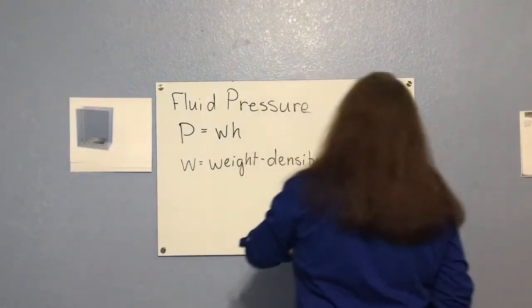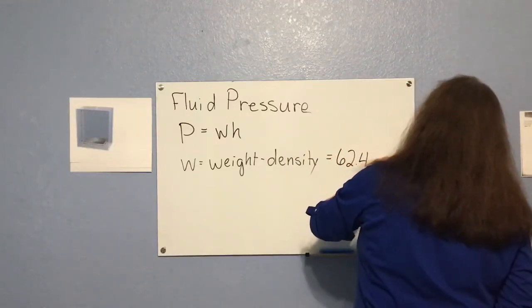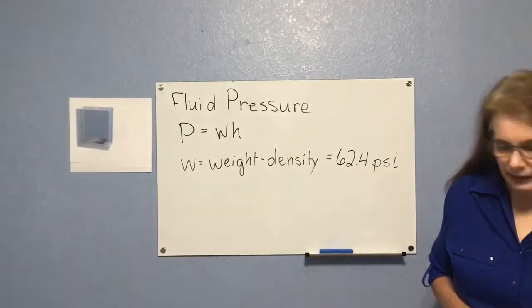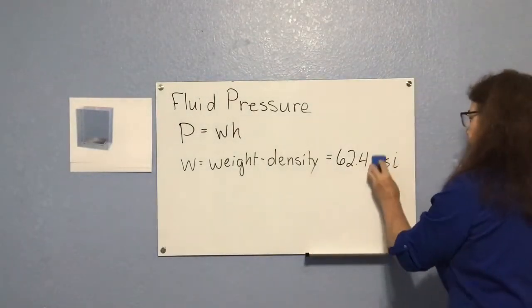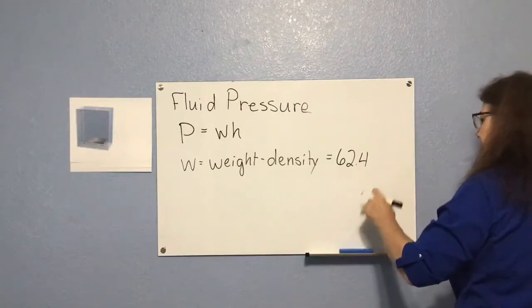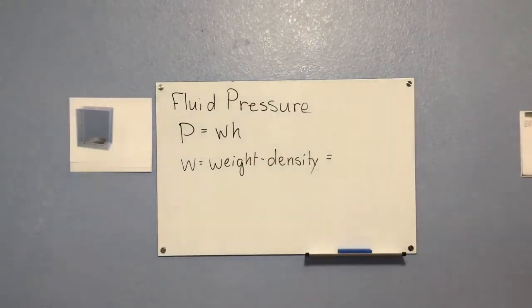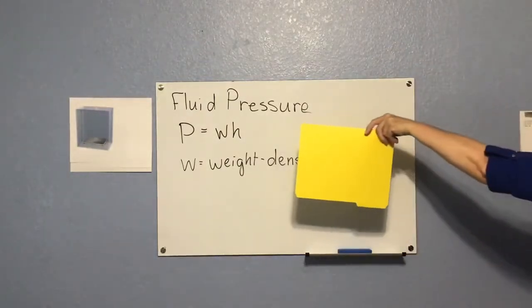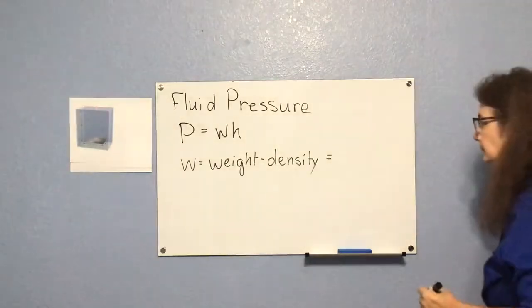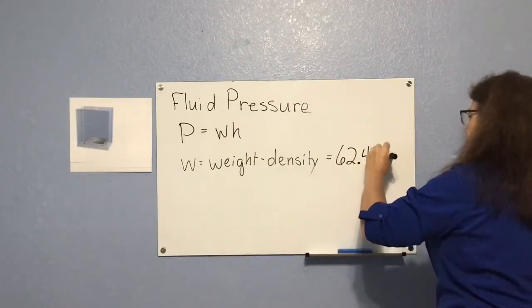The weight density of water, 62.4 pounds per cubic foot.